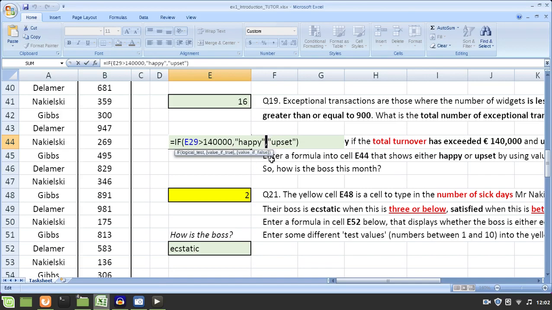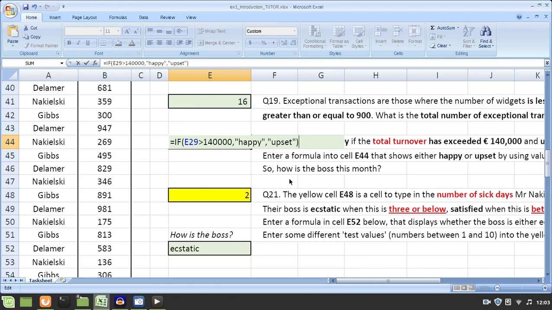If you're using a German version or a non-English version, you may have to use a semicolon in there. The tip here is to always check the tip down below. If the tip down below is showing you a comma, you use a comma. If it shows you a semicolon, you use a semicolon.